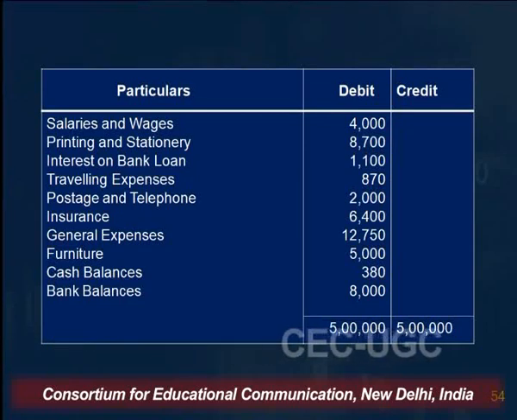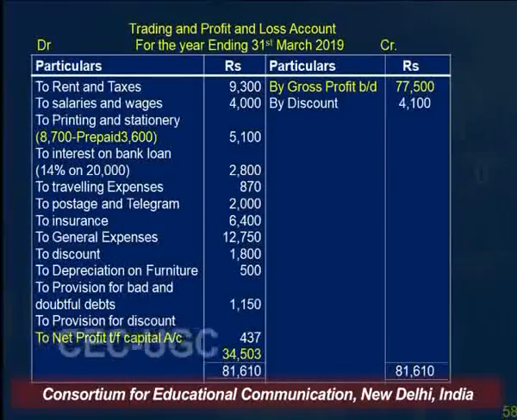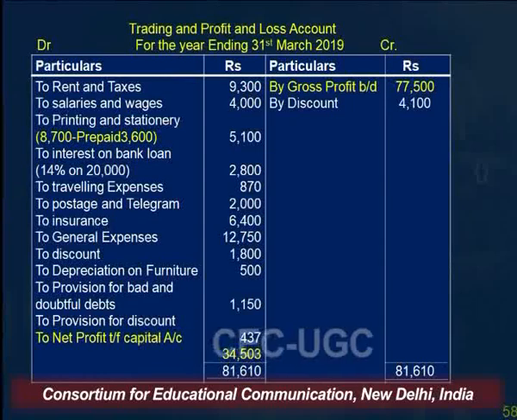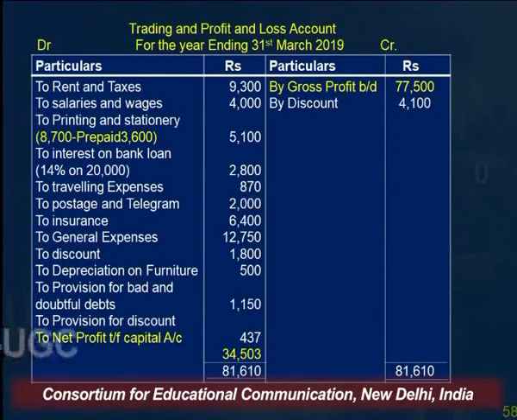So out of 8700, we'll deduct 3600, and only 5100 will be shown on the debit side of the profit and loss account. As you can see, on the debit side of the profit and loss account, printing and stationery is shown with rupees 5100. 8700 was given in the trial balance, and outside of the trial balance, it was given in the adjustment that 3600 is prepaid.